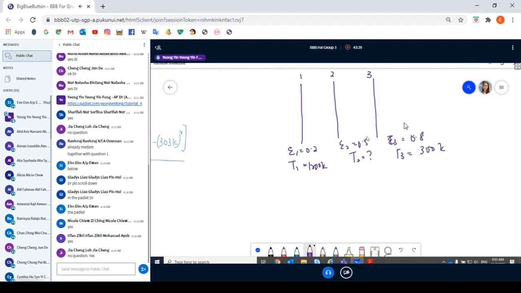Here you can see the heat transfer process will be Q21 equals Q23. It will be equally transferred between the plates. And here it's actually equal to Q1 to 2 and then Q2 to 3.